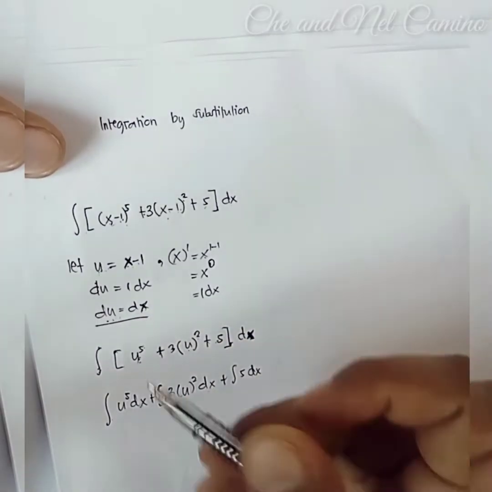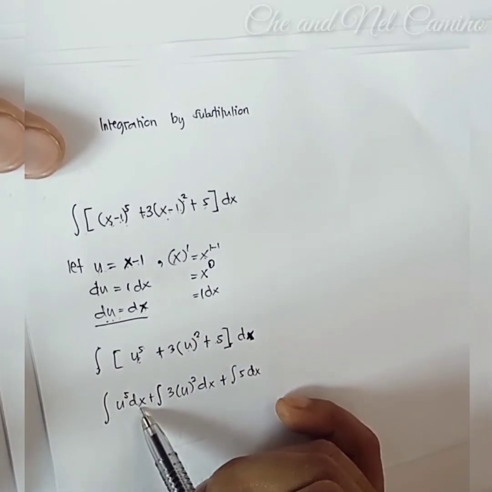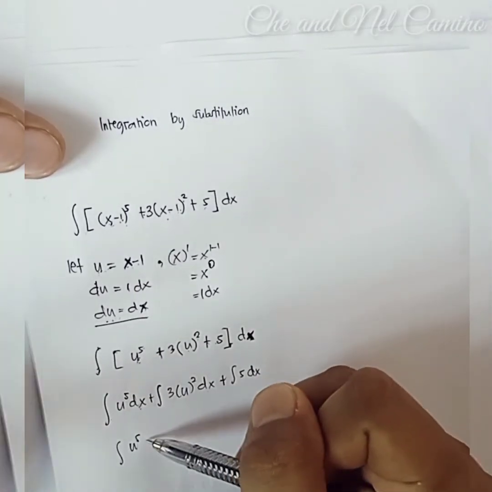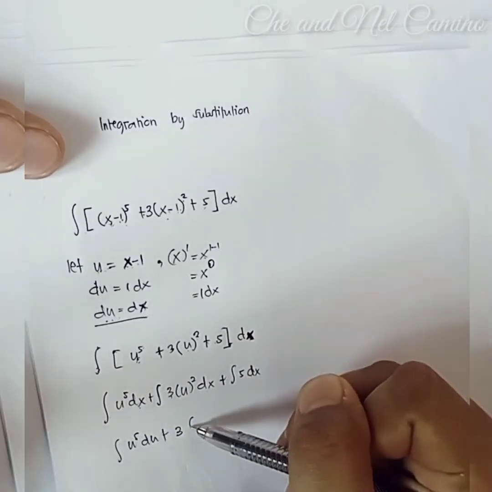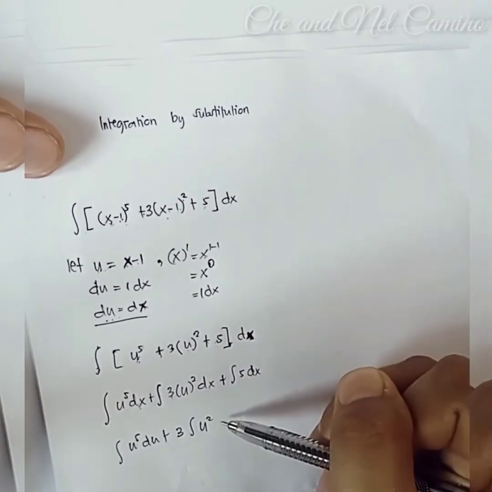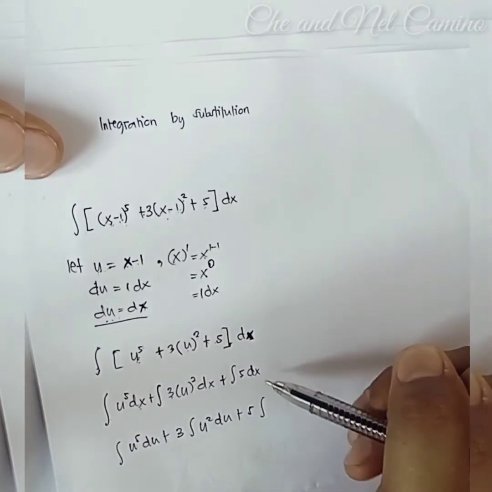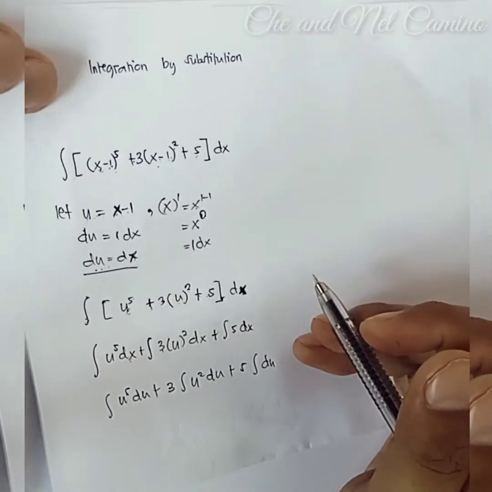So wherever you see dx, you replace it by du. So we have the integral of u to the power of 5 du plus, let's pull out the constant, 3 times the integral of u to the power of 2 du plus, let's pull out the constant 5, and then this will be du. So let's move forward.